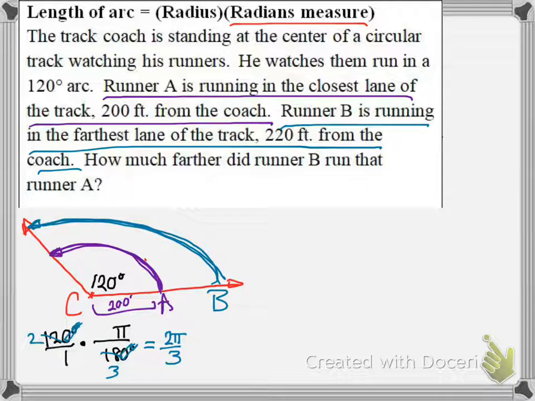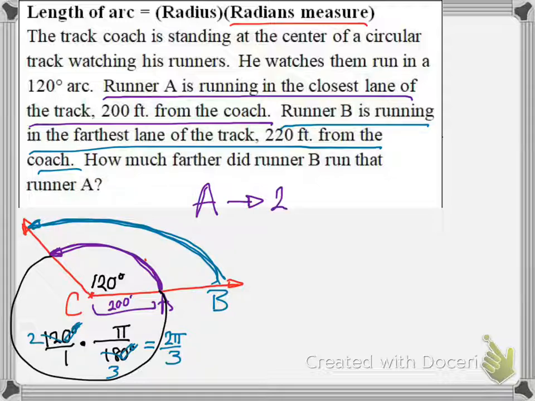So I need to know, let's do the purple one first. Let's do A. The formula says use the radius. If this was a full circle, all the way around here, the radius of that full circle would be 200.